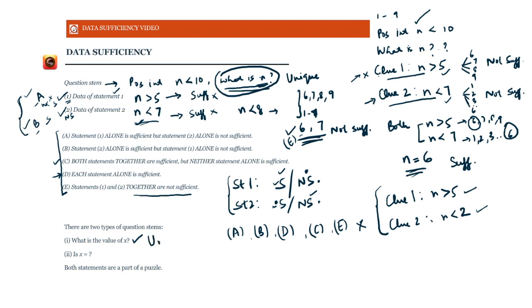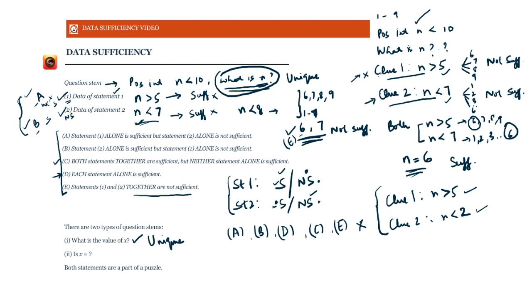Please remember, I'm telling you again and again, this needs to be a unique value. If, let's say, I get a quadratic and there are 2 values that I get out of the quadratic for X, I cannot say that it is sufficient to give me the value of X, because I got 2 values. I only have to have a single unique value. Only then is the sufficiency condition met.